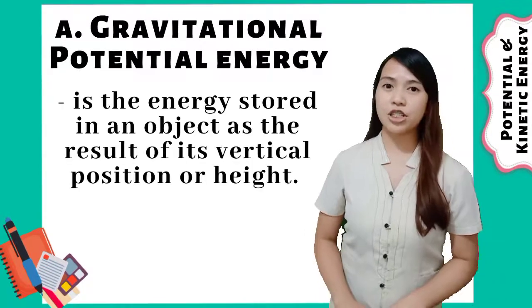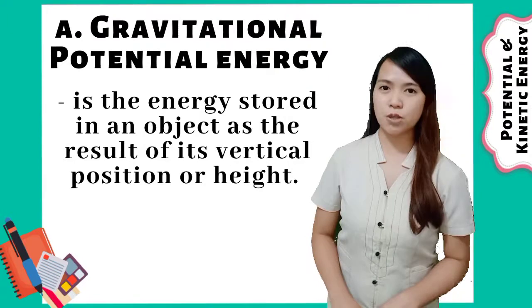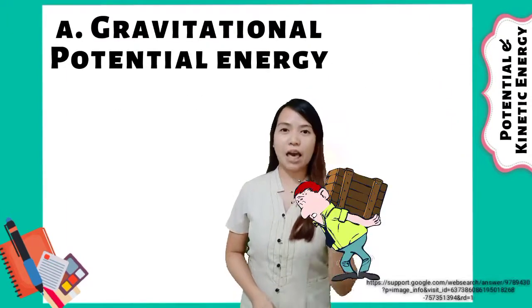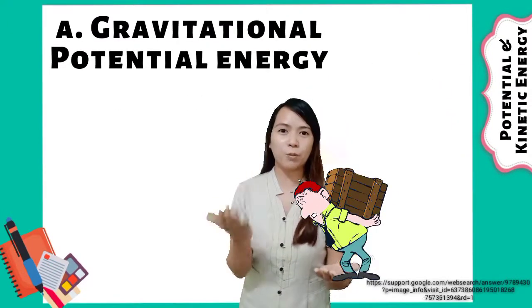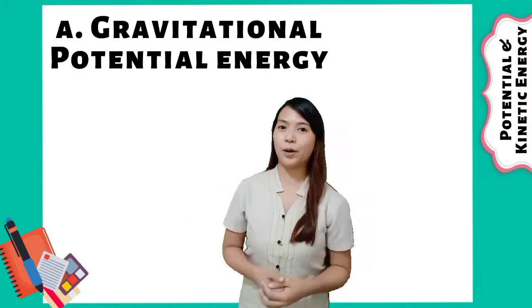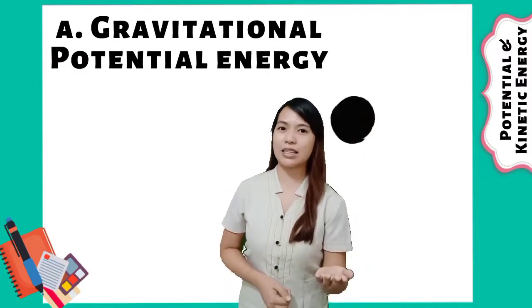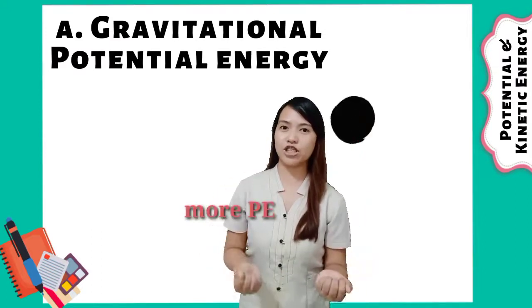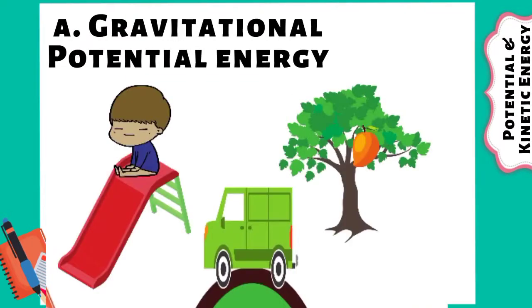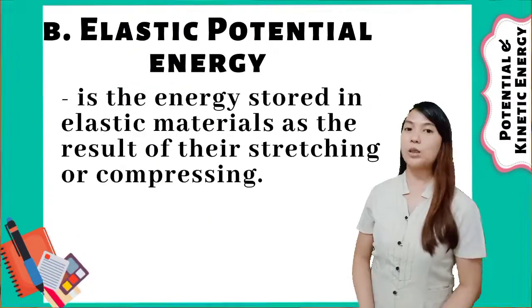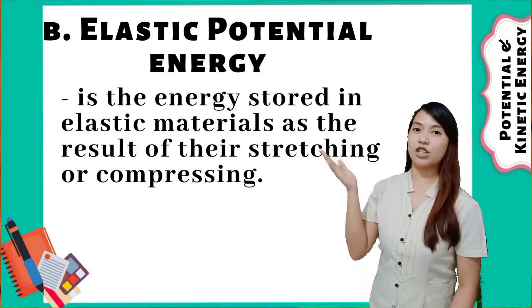The potential energy of this is due to an object's position. This means that the heavier the object is, the more potential energy. Or, the higher the object is, the more potential energy. Examples: a child at the top of the slide, a car that is parked at the top of a hill, and a ripe fruit before it falls. Number 2 is the elastic potential energy.